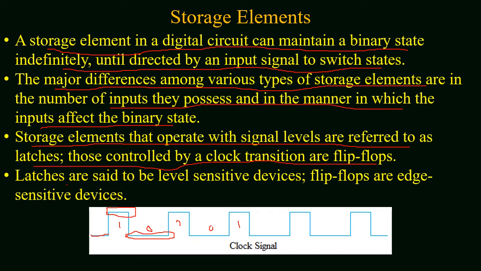A rising edge is a duration in which the clock signal changes its level from 0 to 1, whereas a falling edge is a duration in which a clock signal changes its value from logic 1 to logic 0. So the latches are said to be level sensitive, while the flip-flops are edge sensitive devices.